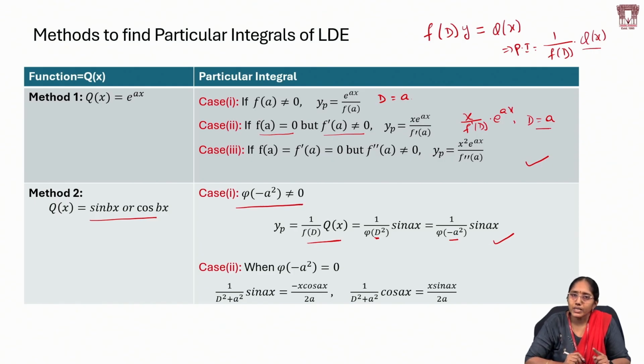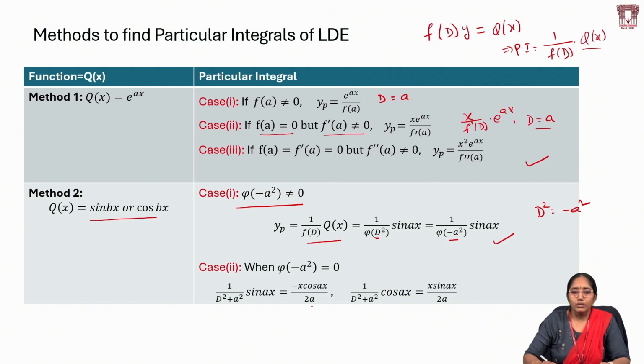If phi of minus a square is 0, that means when we substitute D square as minus a square the denominator becomes 0, then we go to case 2. That is minus x by 2a into cos ax.